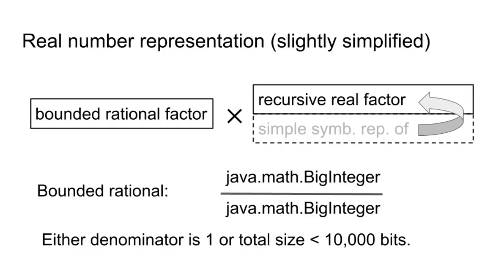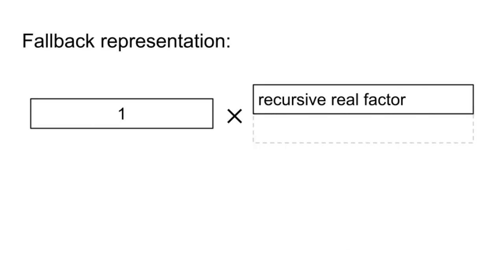You'll observe that this is redundant in that if I constrain the bounded rational factor to 1, I can still store every possible recursive real number, and we use that as a fallback representation when we have to. The symbolic representation is quite constrained.